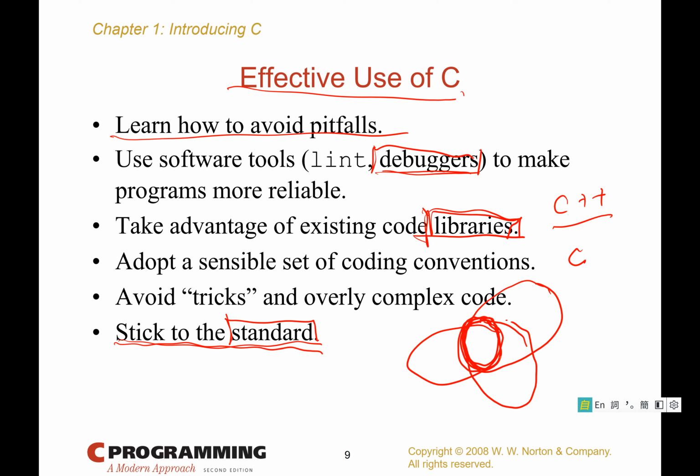And you had better use this standard instead of what the software company provided you. Because if you stick with the standard, your program can run on different platforms or different compilers, because each compiler will follow the standard to design the compiler.